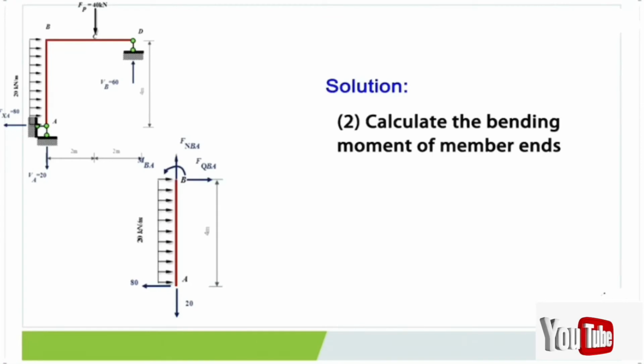In order to solve MBA, we could establish sigma MB equal to 0. Then we could solve MBA, that's 160. According to the direction of MBA, we know that for the member BA at end B, right side in tension.